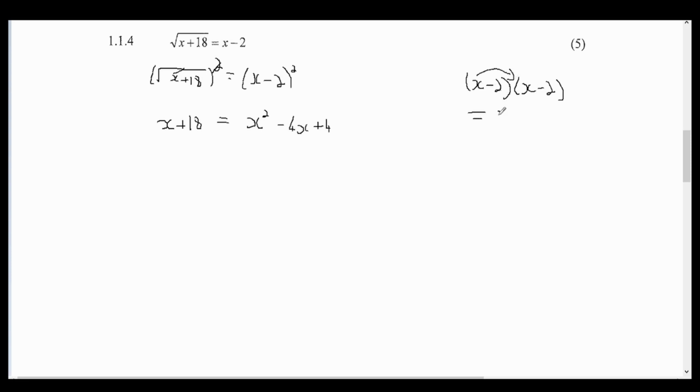So x times x is x squared, x times minus 2 is minus 2x, and then we do that one and that one. So we're left with minus 2x, and then minus 2 multiplied by minus 2 is positive 4, and then we add like terms, which we end up with that over there.